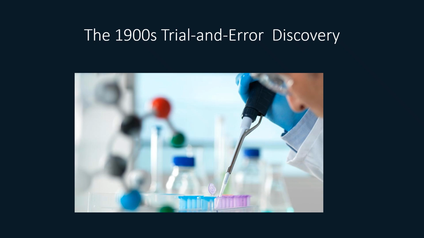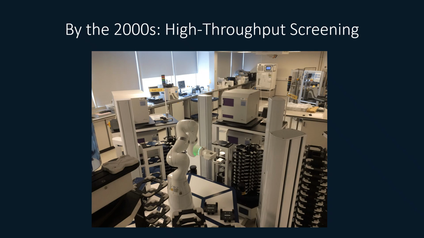Then things changed in the 1980s with high throughput screening. HTS had completely industrialized this by the 2000s, but it was still mostly experimental, fundamentally a numbers game, testing kind of random candidates without prior design.